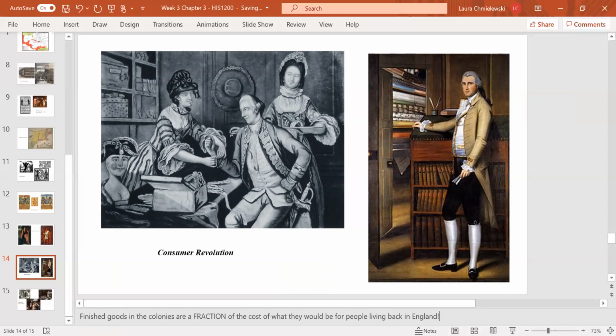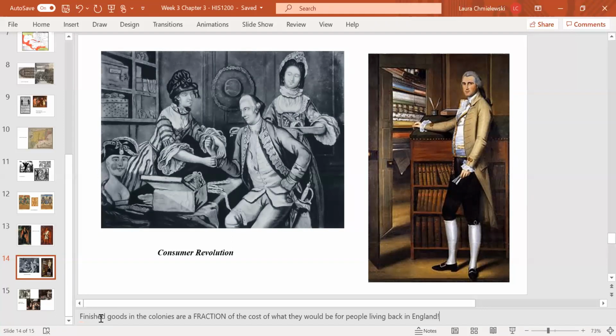And you might say, well, that's weird. These goods are being manufactured in England. It's not so weird. This is actually by design. This is to make sure that the colonies continue to play this mercantilist game by sending all of their raw goods, or as many as England desires and wants, over to England so that they can get these cheap finished goods back and feel really good about their quality of life.